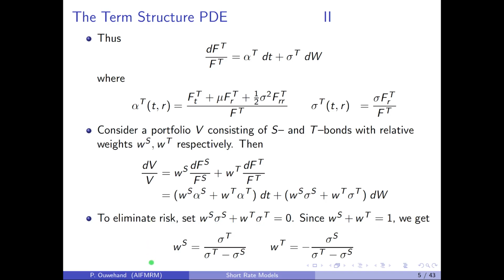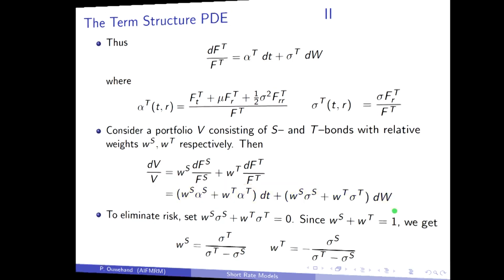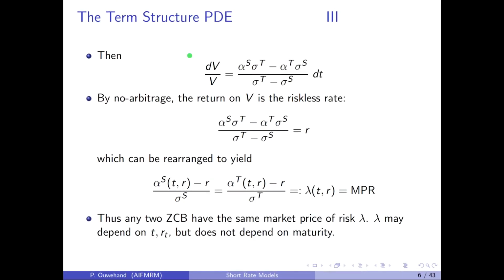And this can easily be solved as follows, as you should verify yourself. When we take these expressions for the weights and plug them into here, we obtain the following equation. Namely this equation here.